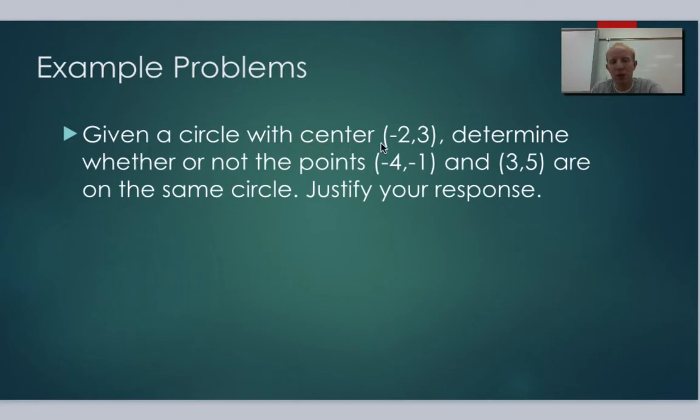We're given a circle with a center of (-2, 3). Determine whether or not the points (-4, -1) and (3, 5) are on the same circle. If you think back to that last picture, we're trying to determine if the distances are the same. So we're going to set up two distance formulas: one for the center compared to the first point, and the other for the center compared to the second point.